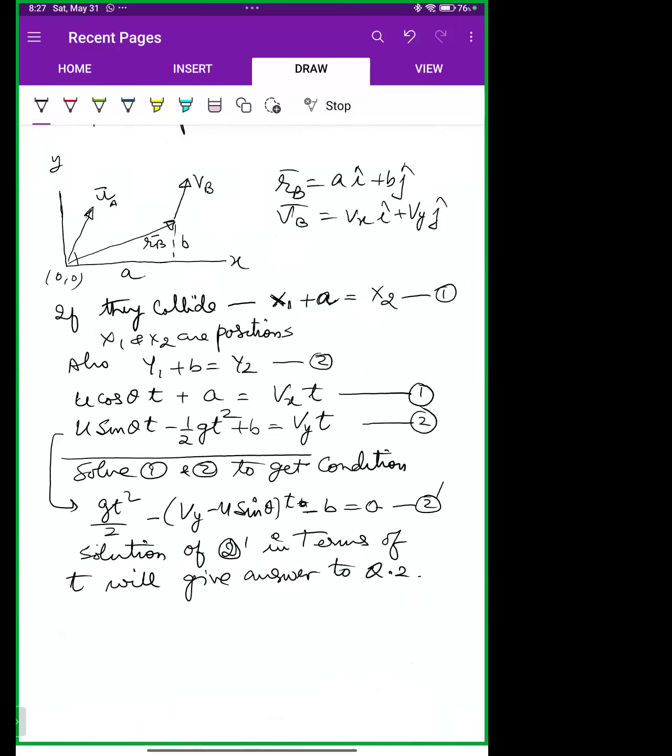Part A will come from question 1. Part A comes from 1.